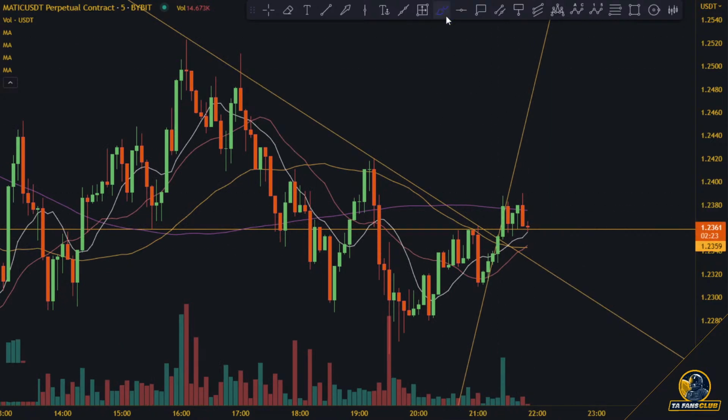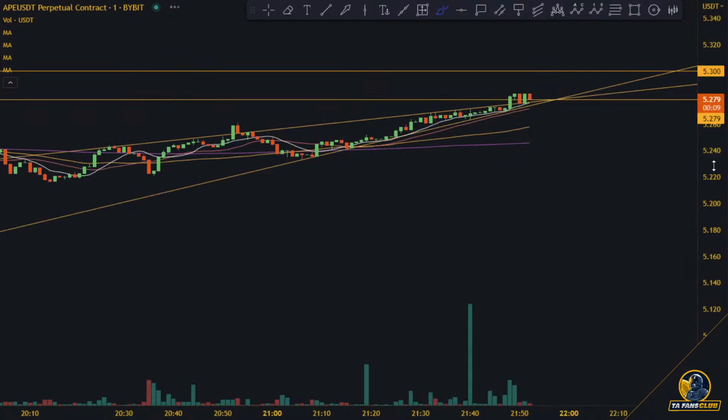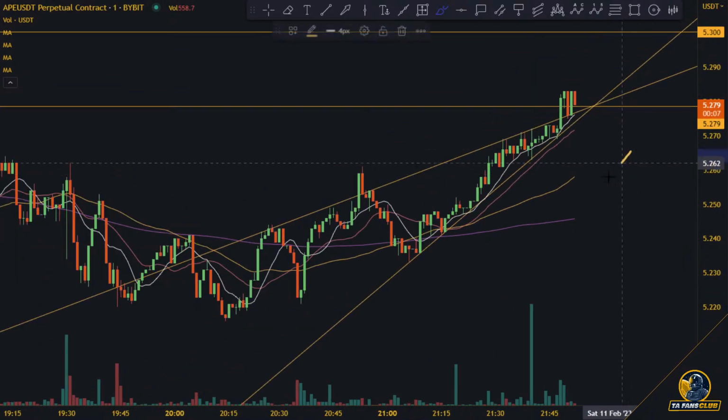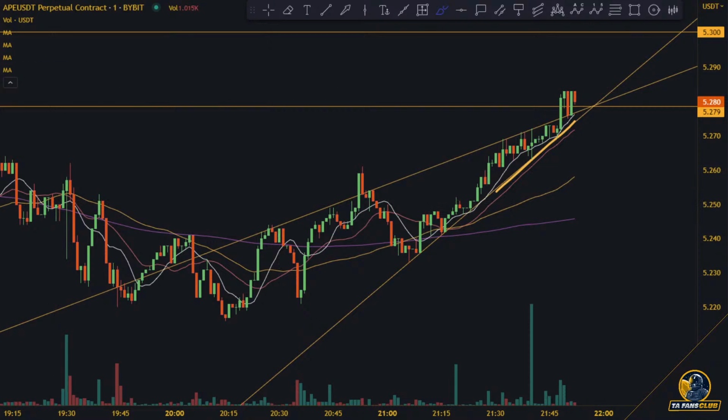I'm not saying this cannot go up, I'm just saying that people are FOMOing in. And even though it's broken out of the rising wedge, it's not going up.